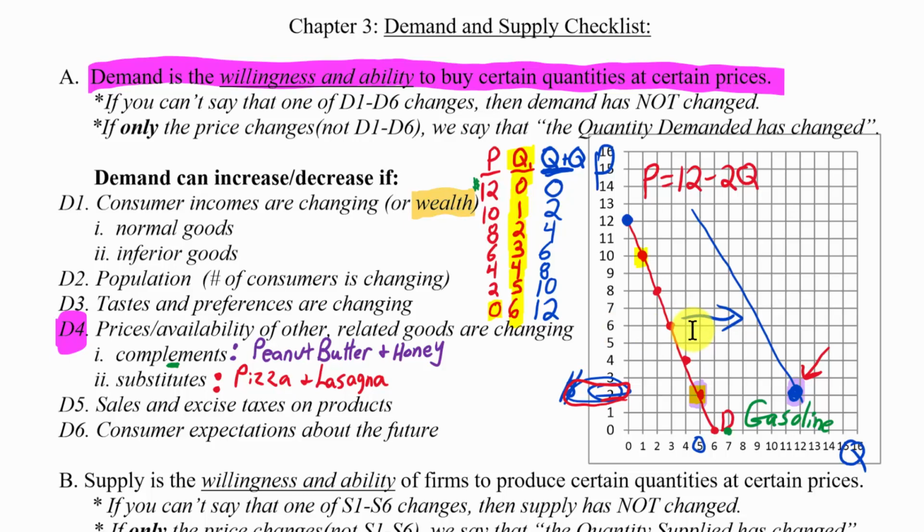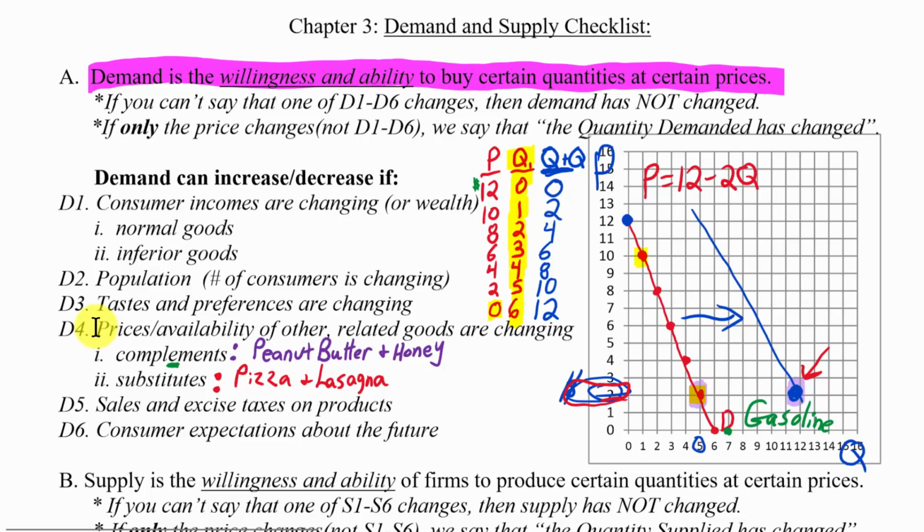And in order for somebody's willingness and ability to buy certain quantities at certain prices, in order for that whole relationship to change, we want to identify one of these six ideas that has changed. Either consumer income or wealth has gone up or down, population has changed, the number of people buying something, or people's tastes and preferences, which reflect their willingness to buy something, have changed.